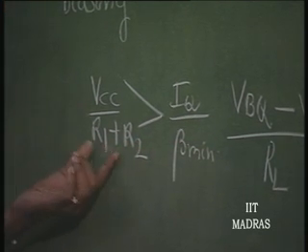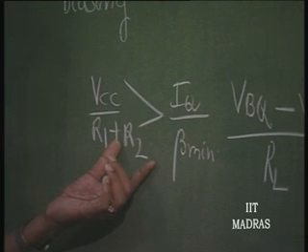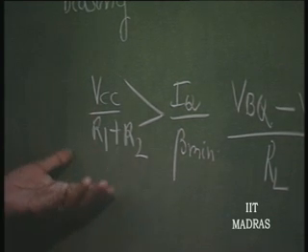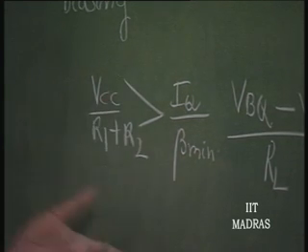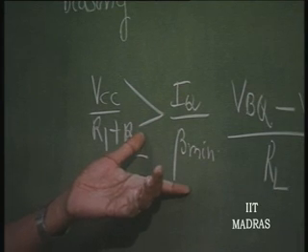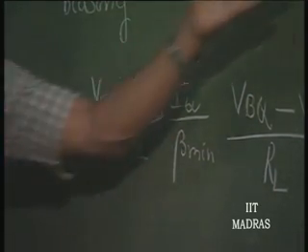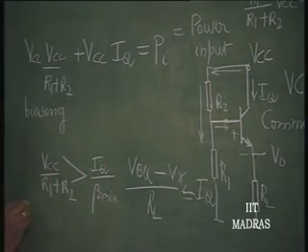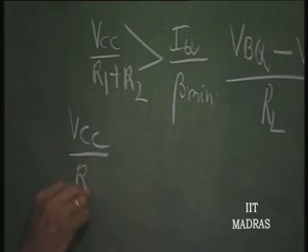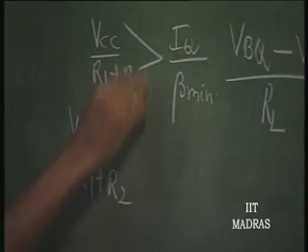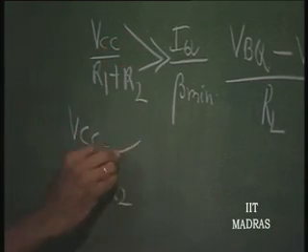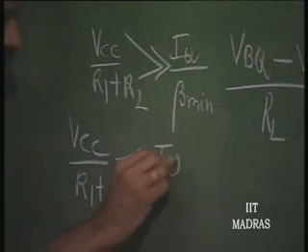So, you have to select R 1 plus R 2 larger than this condition, and VCC by R 1 plus R 2 should be much less than IQ.